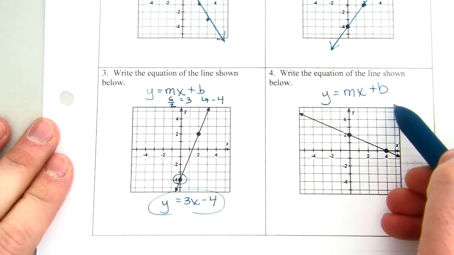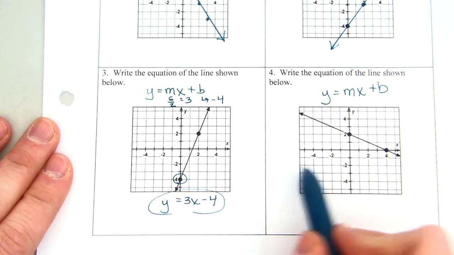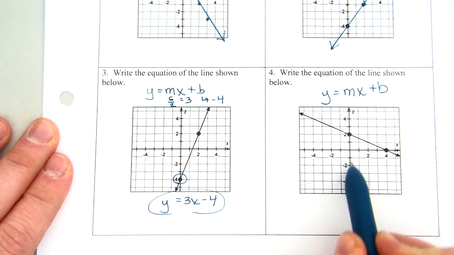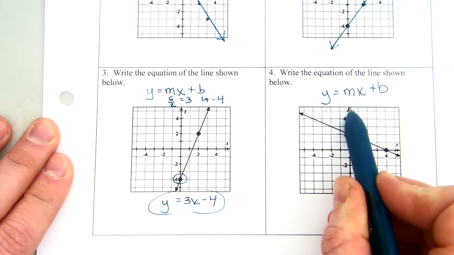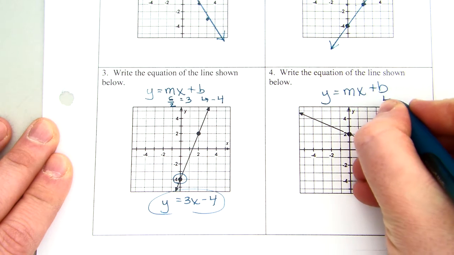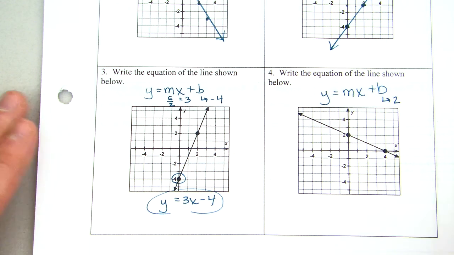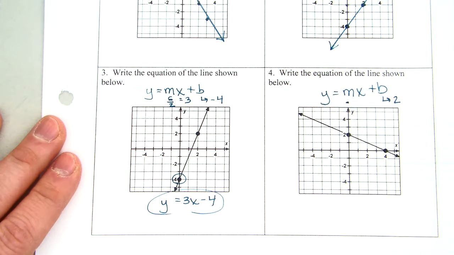Jonathan, what did you say for the b? But I want the y-intercept, not the x-intercept. So not 4, but where's it cross the y-axis? 2. That's what we're going to say for our b value. Next, Darius, is the slope positive or negative? Negative. Good. What's your rise?